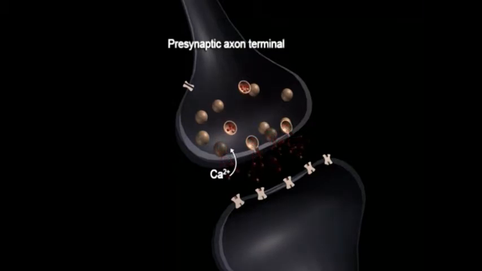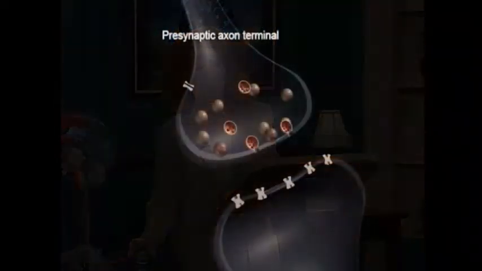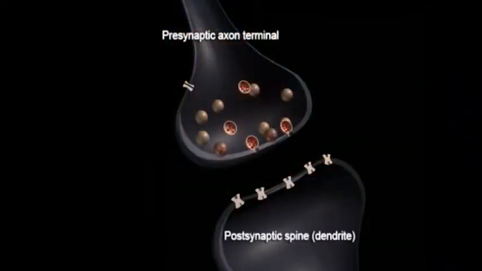And that cleft being very, very tiny, but indeed being the space that separates one neuron from another neuron. So this is our axon and this is our postsynaptic cell. Then that neurotransmitter will interact with this postsynaptic receptor to cause synaptic potentials in the dendrites or the spines.